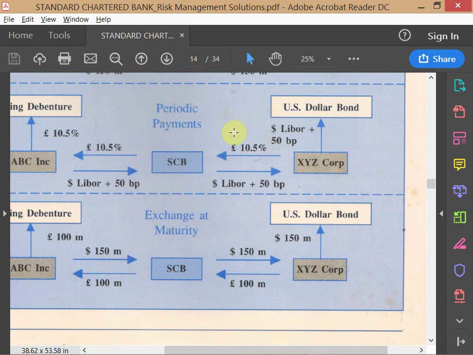You are exchanging one interest burden for the other. In all of these transactions, you can go back and check for yourself, in every one of the 5 structures we discussed, there is always an exchange of interest burdens, either in the same currency or in 2 different currencies.